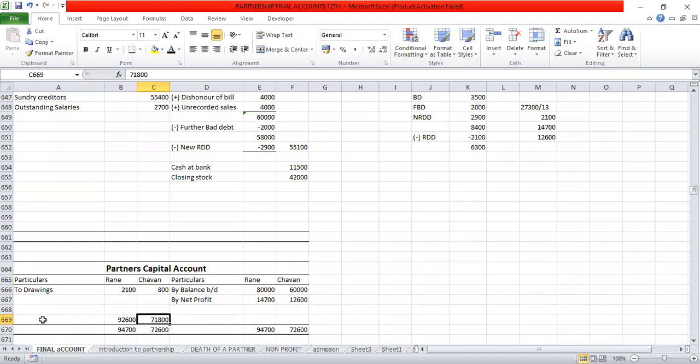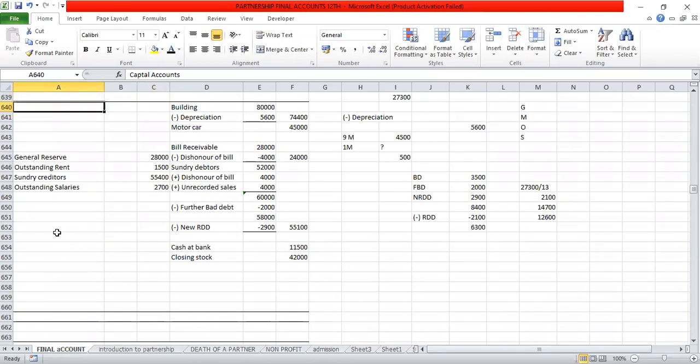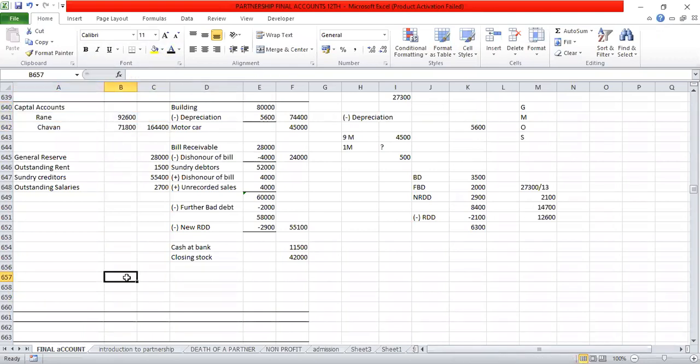This is the closing balance of capital carried down. It will be taken to the balance sheet liability side, the capital accounts of Rane and Chavan, 92,600 and 71,800. The total comes to 1,64,400.